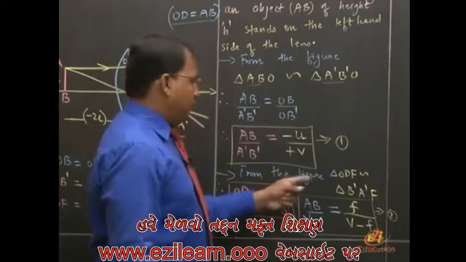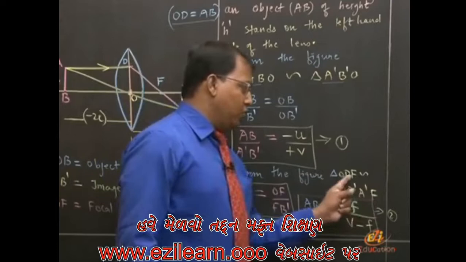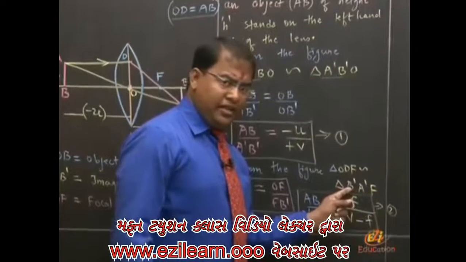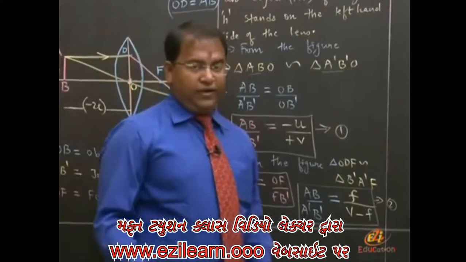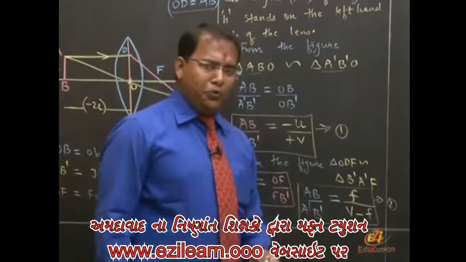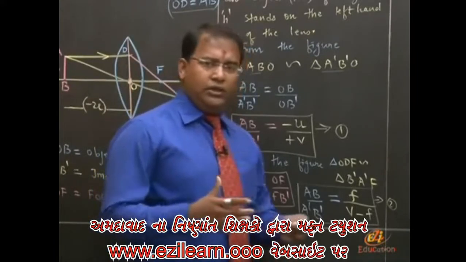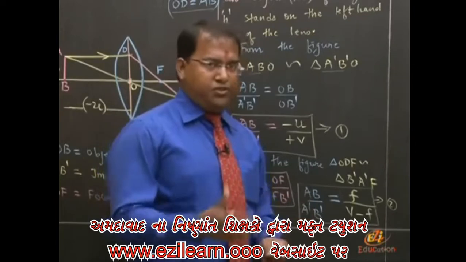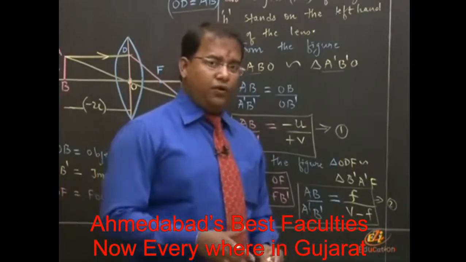Next, from the figure, ODF is similar to B'A'F. This result also you need to learn by heart. If I can suggest, you should learn it by heart so that you end up making fewer mistakes. Some people leave it to the question itself, and it can come naturally, but only if you have a clear concept.